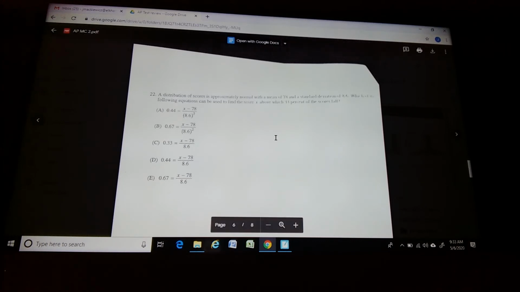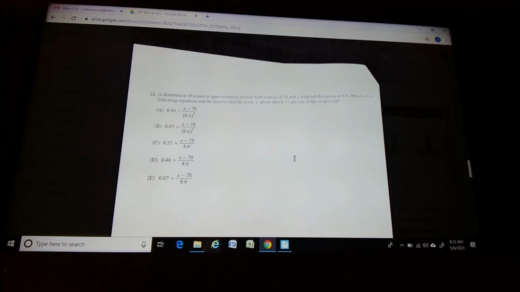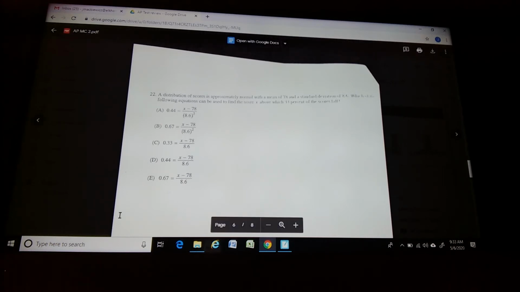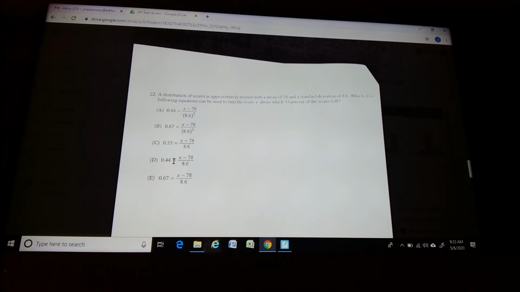Well, we use inverse norm of 0.67. 33% to the right means that there's 67% to the left. So this is inverse norm of 0.67. And that gives us, D is the correct answer. We get 0.44 when we have inverse norm of 0.67.